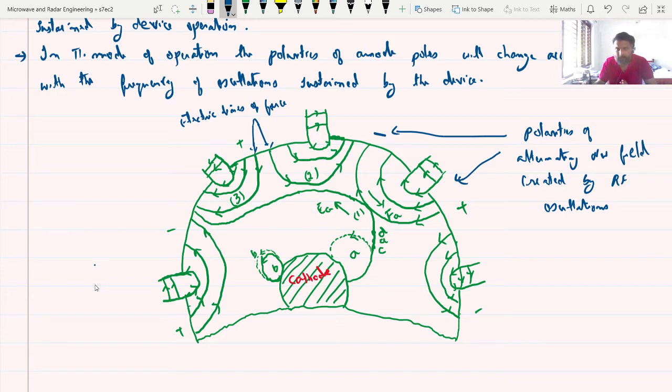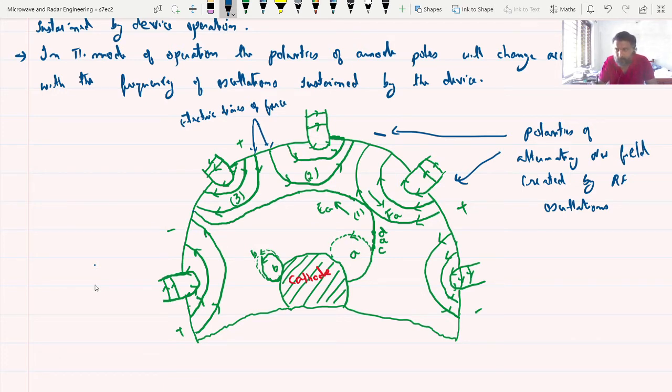Electron A again gives out its kinetic energy to the microwave oscillation. Electron A would have considerably slowed down at this stage, and another interaction of the same type occurs at position 3 also. Electron A again gives out kinetic energy, and finally electron A strikes the anode pole and gets attracted by the positive voltage on the anode pole.